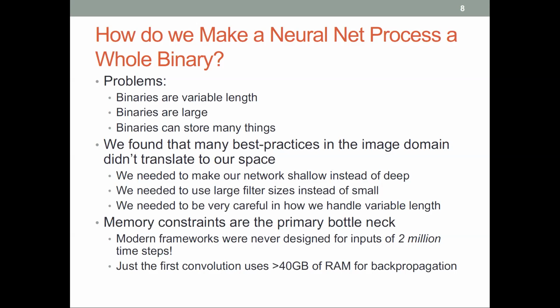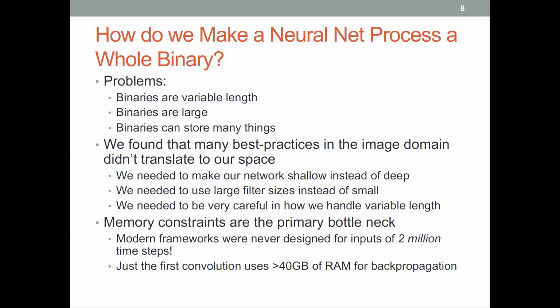So one of the major problems these guys had to deal with was the hardware limitations. Because the memory and the processing power in their testbed, which was an NVIDIA DGX1 box, was limited, they needed to make their network shallow instead of deep.